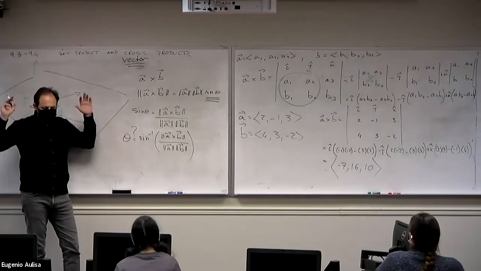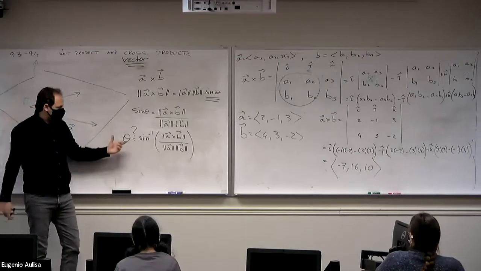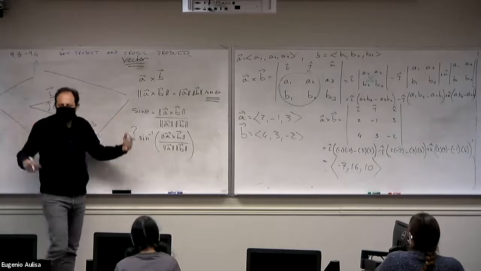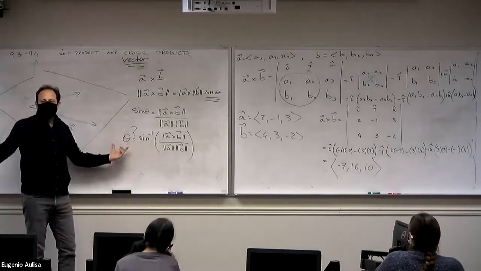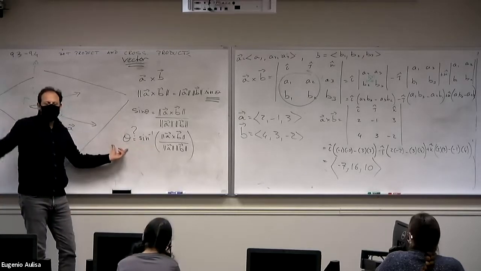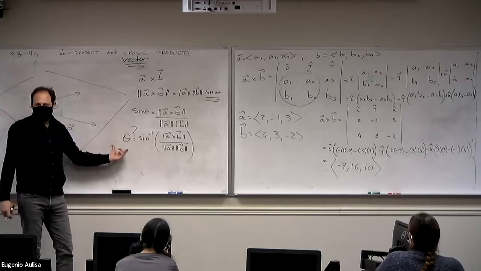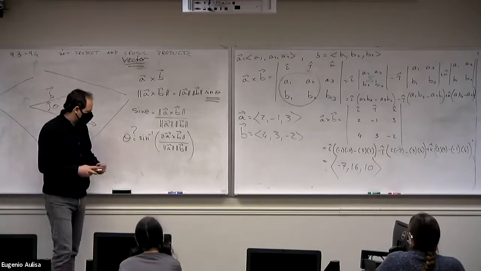So already that should be strange. But say, okay, who cares? I'm gonna get a negative theta, I'm gonna add pi, I'm gonna get the theta that I need. Right? Wrong. Why?